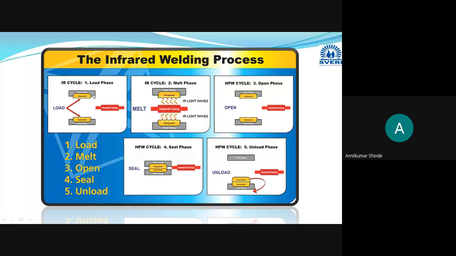Then how is this infrared welding performed? These two fixtures were taken. These are the holding fixtures. With the help of holding fixtures, the plastic parts which we want to join are held. These holding fixtures provide support and proper alignment. Then the infrared light source is placed in between these holding fixtures containing the plastic material.